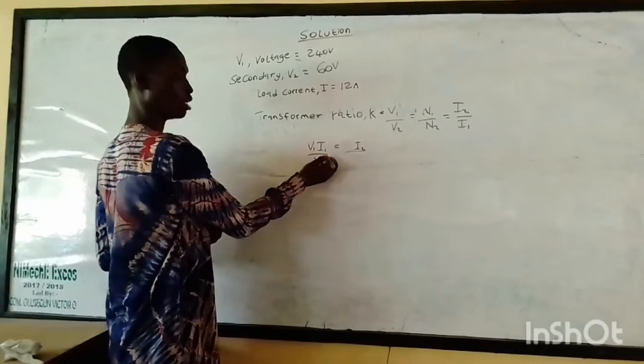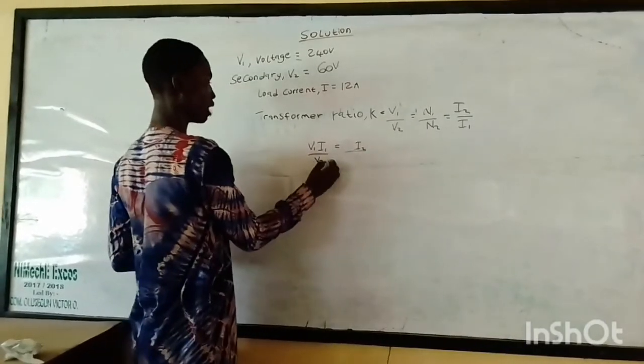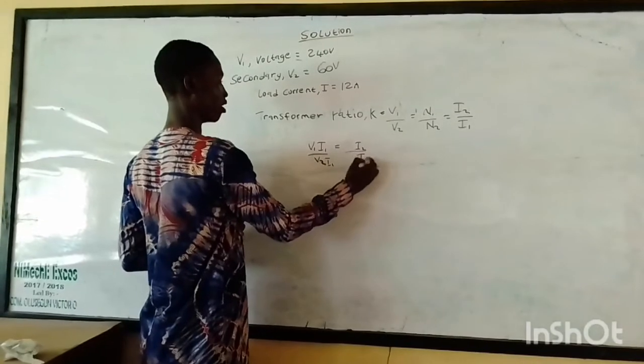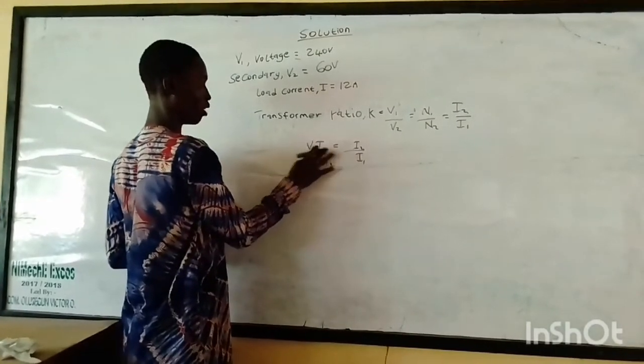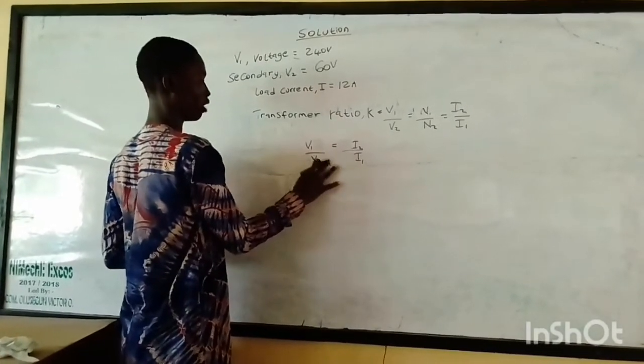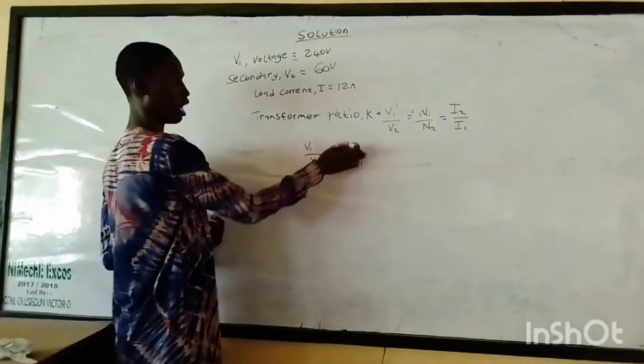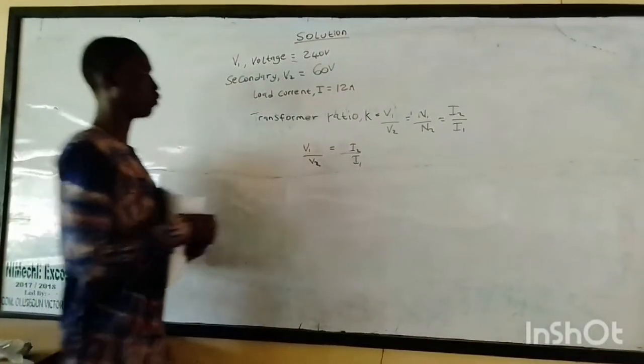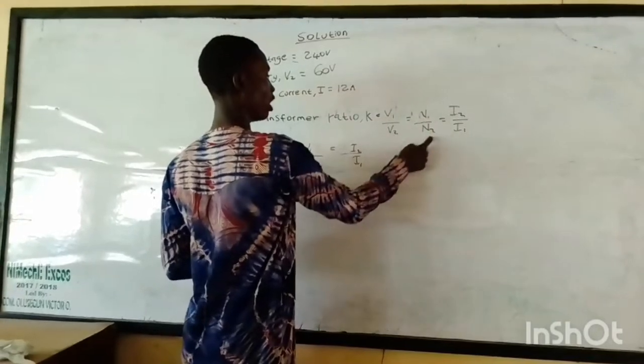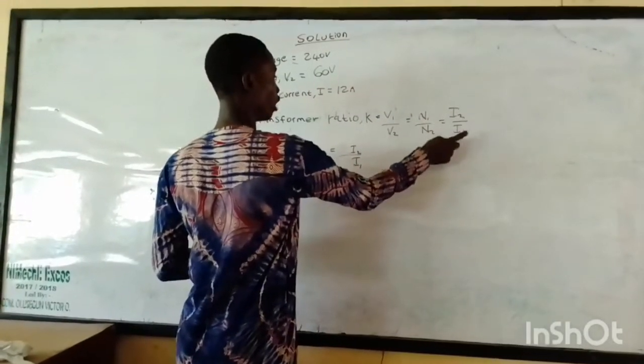Now we still have I1, so I divide both sides by I1. This I1 will cancel this I1, so we are left with V1, V2, I2, I1. That's the reason why we are having V1, V2, N1, N2, I2, I1.